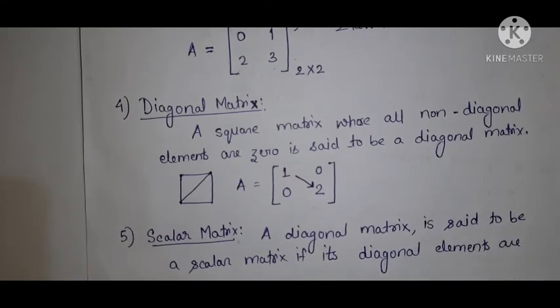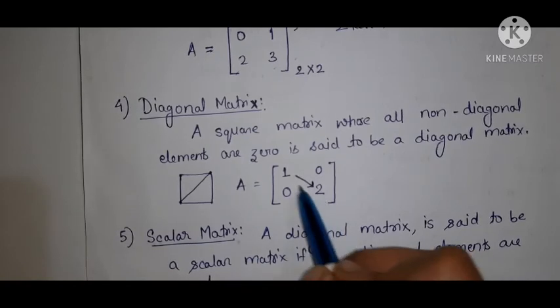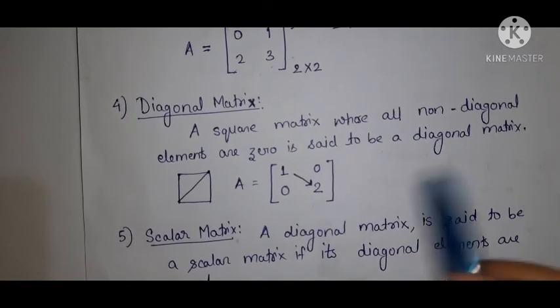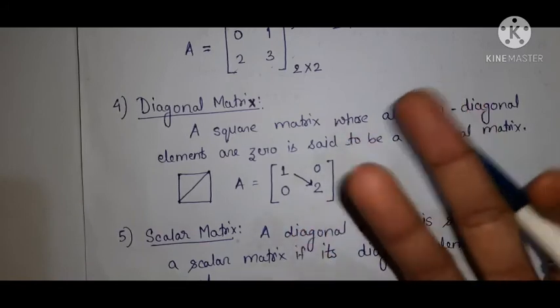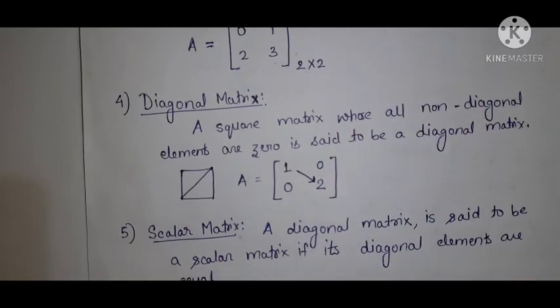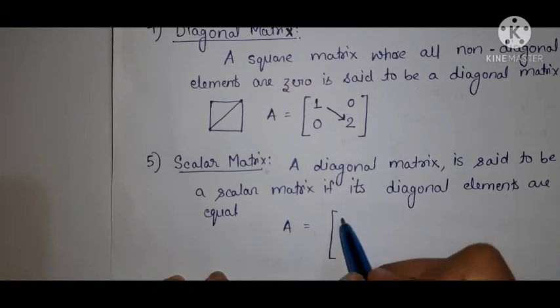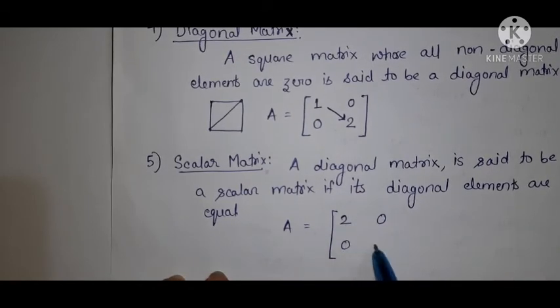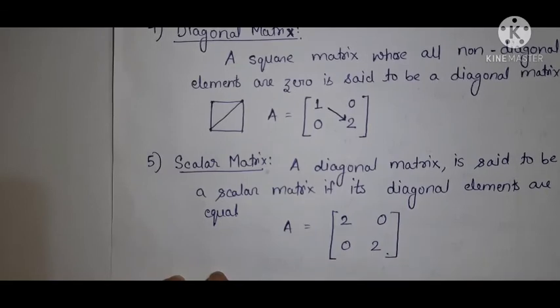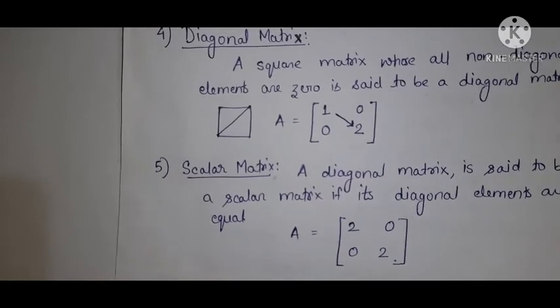In a diagonal matrix, the diagonal elements may be equal, may not be equal. If they are equal, it becomes a scalar matrix. So something like that, 2 0 0 2. So this is a scalar matrix.